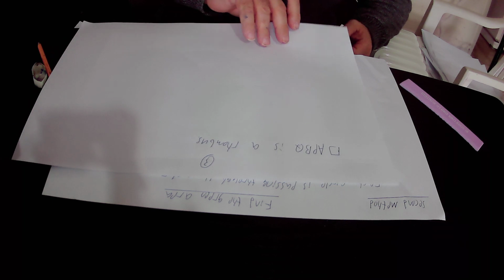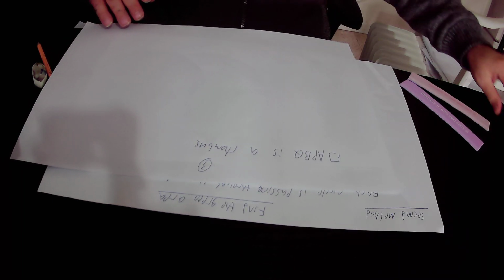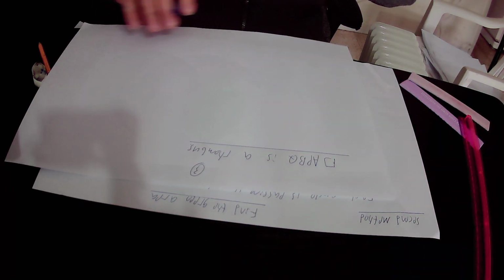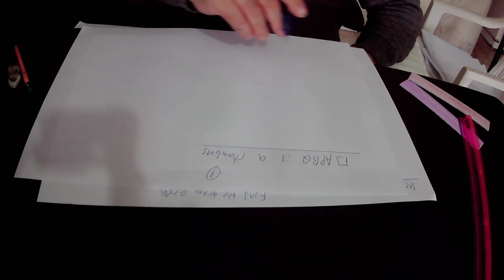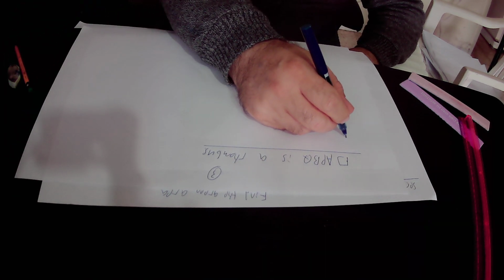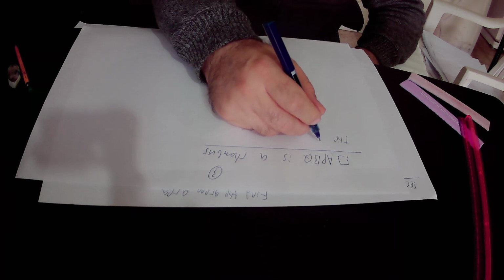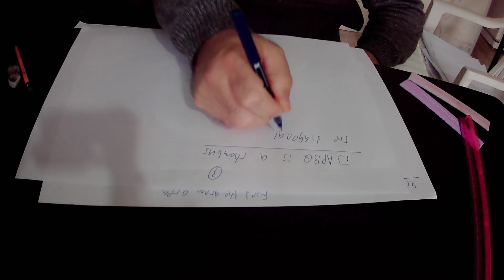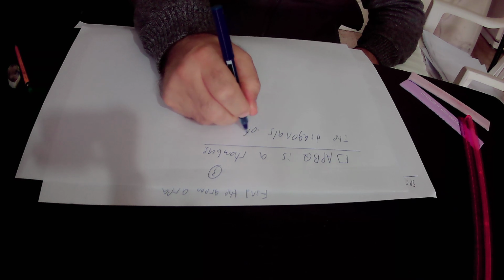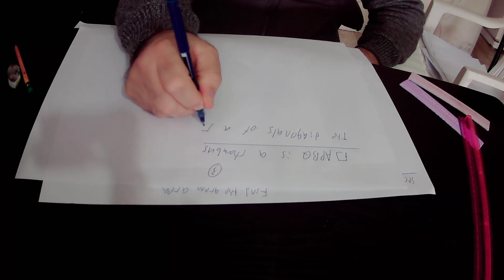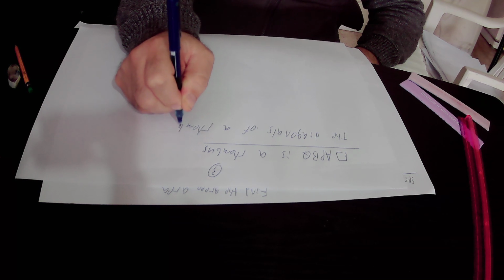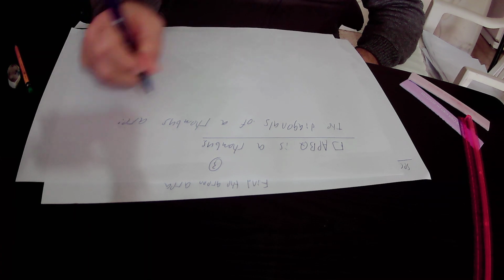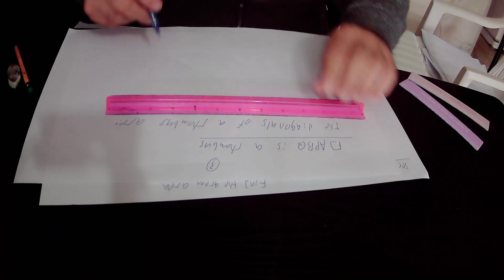The diagonals of a rhombus have two characteristics.